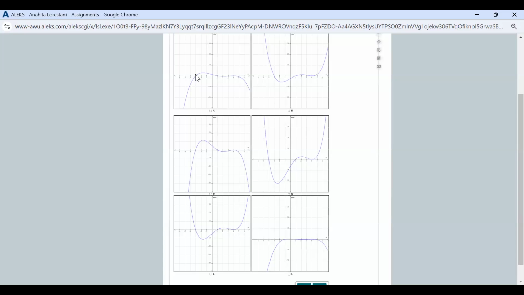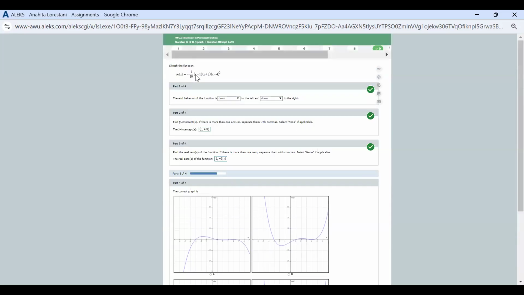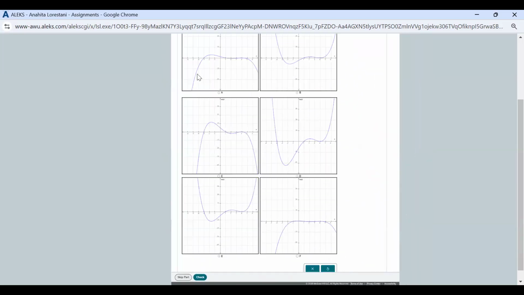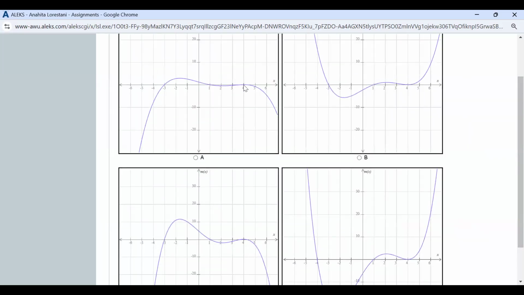This one has the x-intercepts are 1, -3, and +4. So these x-intercepts are -3, 1, and +4.